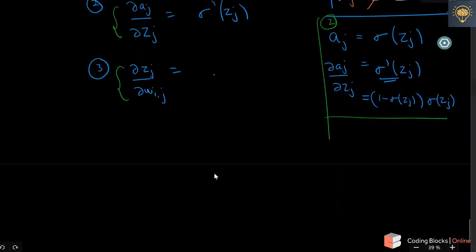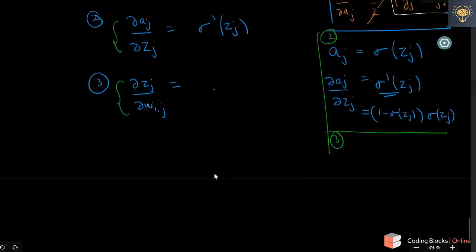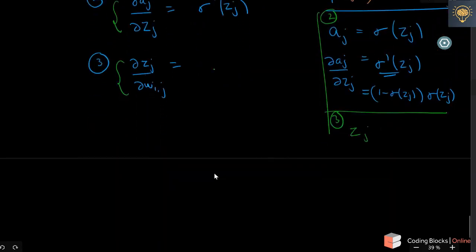Let us see what the third part is. You can see your zj is nothing but a function of w. We have seen that zj in layer L is given by summation over all i in the layer, w of ij, where i is the neural node in the previous layer, into the activation coming in from the previous layer, plus b of lj.